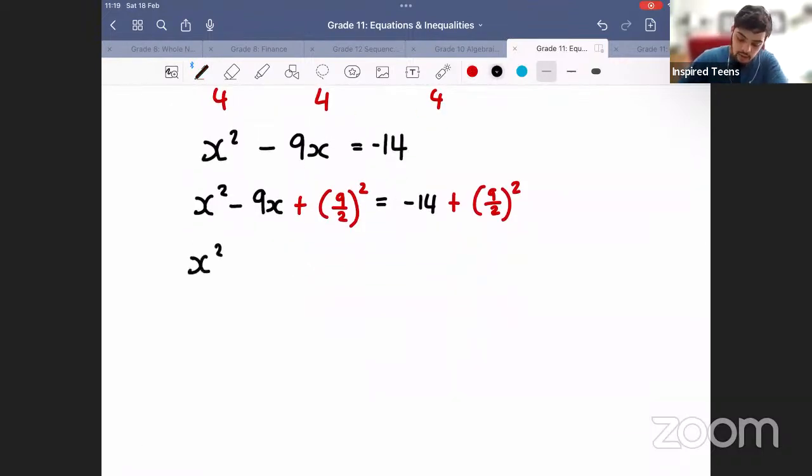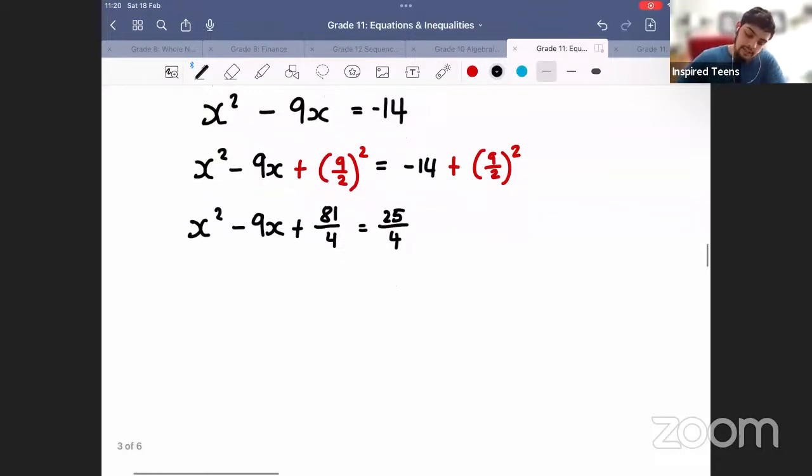So X squared minus 9X plus 81 over 4, and I think that's simplest form, is equal to, I'm just going to do this calculation one time, negative 14 plus 81 over 4, which is 25 over 4. I hope somebody's doing it with me so you can double check the calculations.